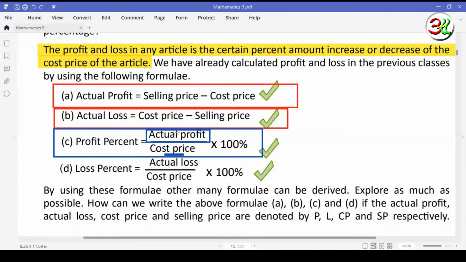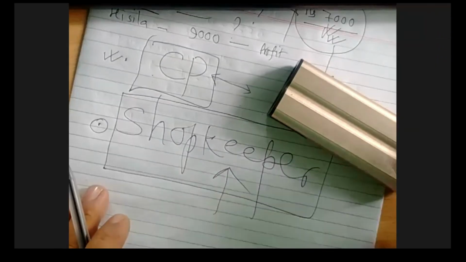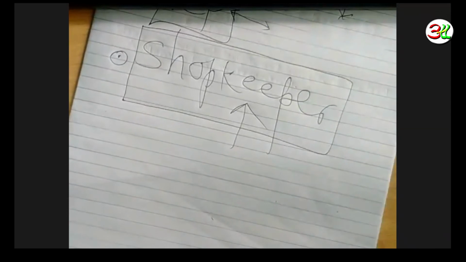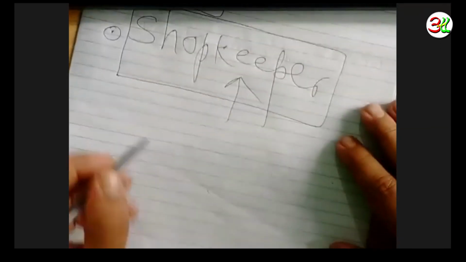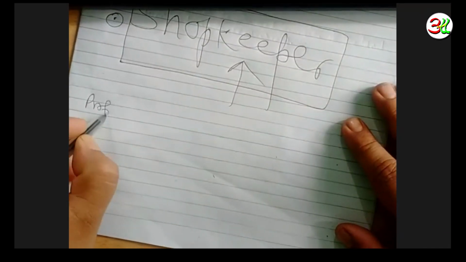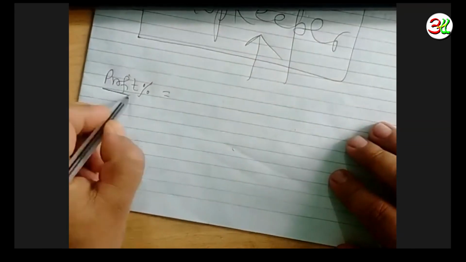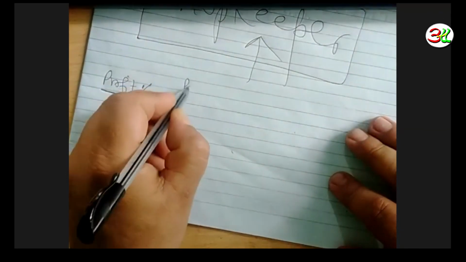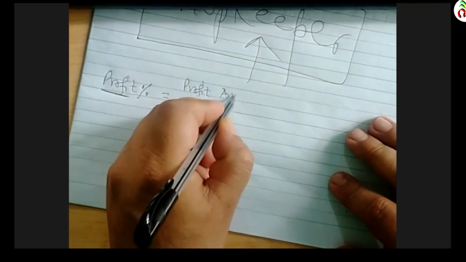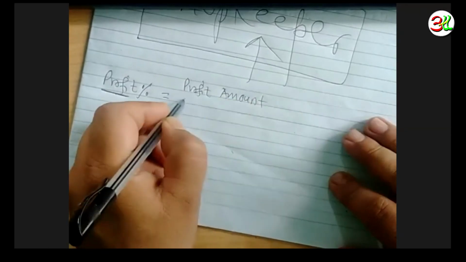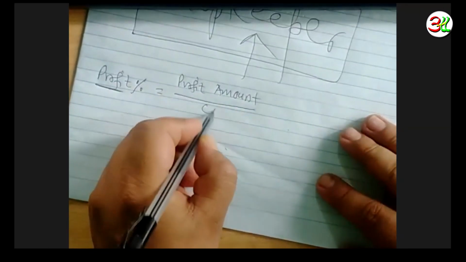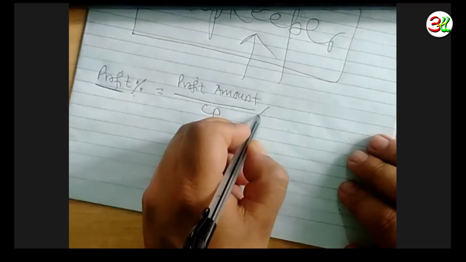We divide the profit amount by cost price to get the profit percent, because profit and loss depend on cost price. And to calculate percentage we multiply it by 100%.